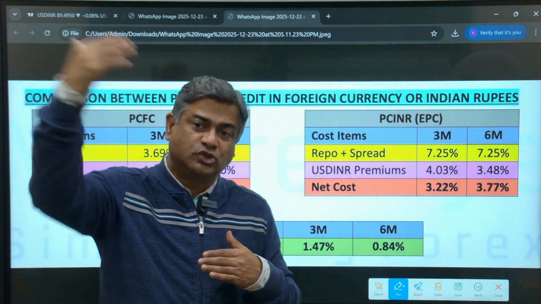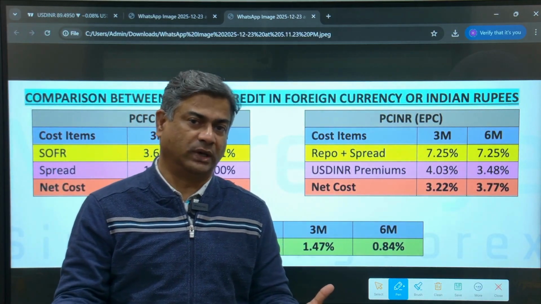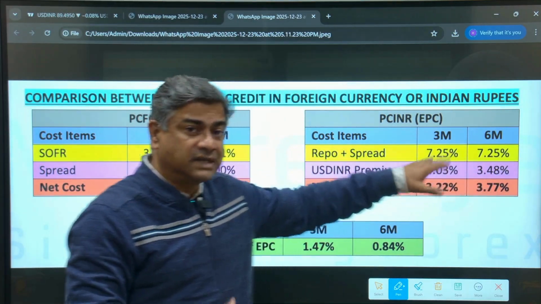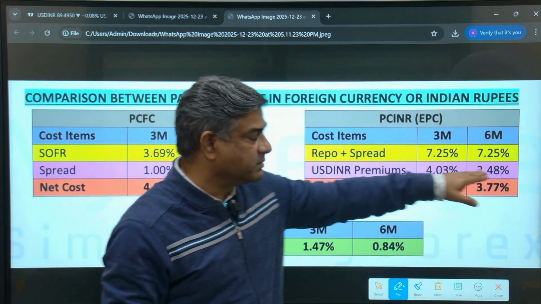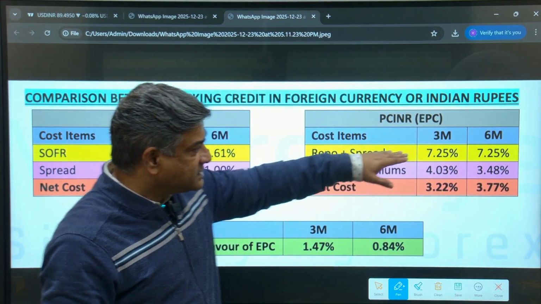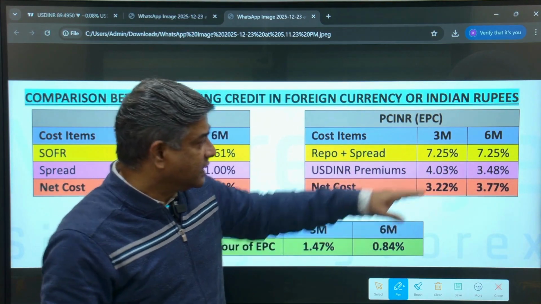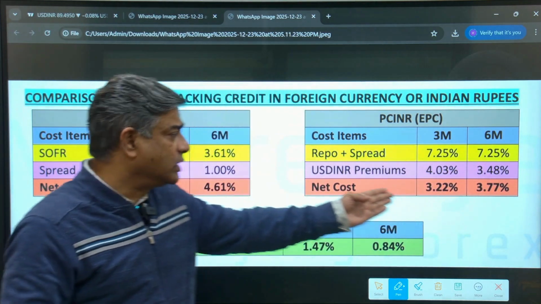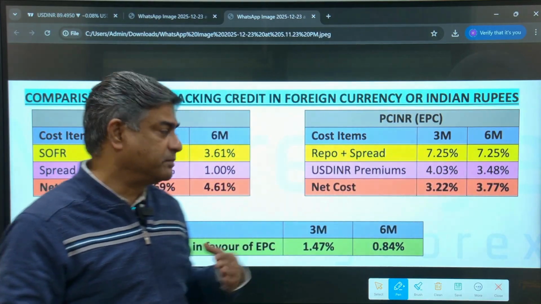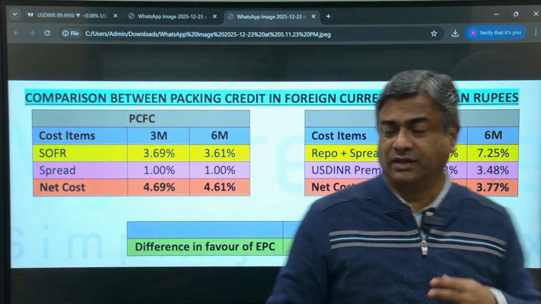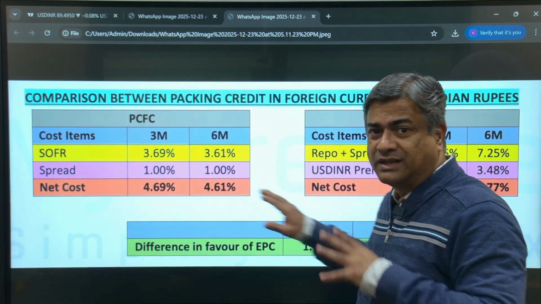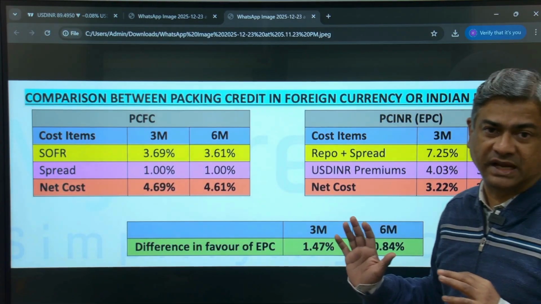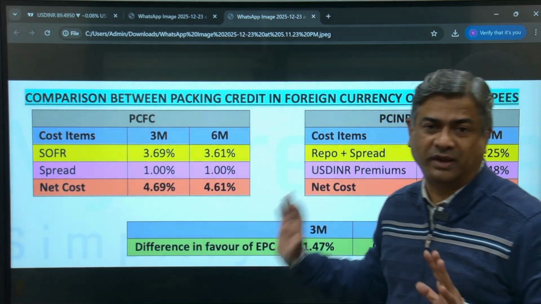So for that future conversion, I can take a simple forward, and when I take a simple forward, I get such high forward premiums. If I just reduce that forward premium benefit from my EPC cost, I get a cost around 3.25 to 3.75%, and you compare that with your PCFC cost, there is a straight benefit of close to 1 to 1.5%, 0.9 to 1.5%.